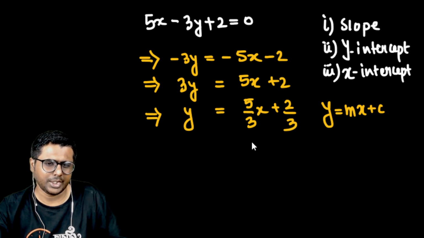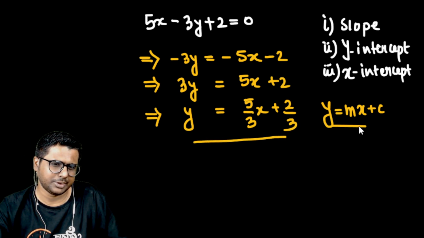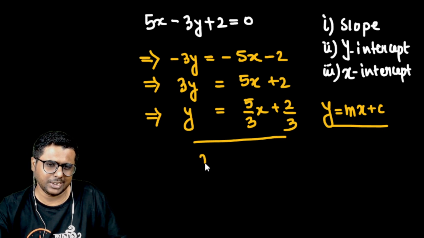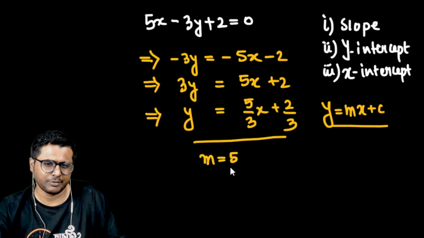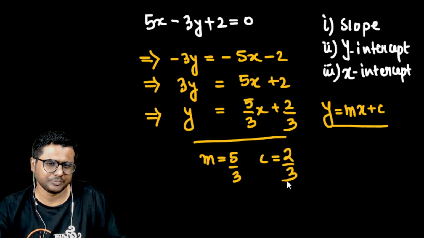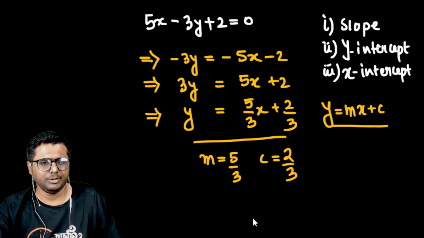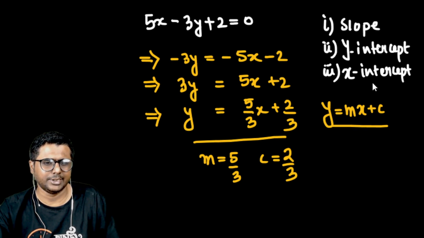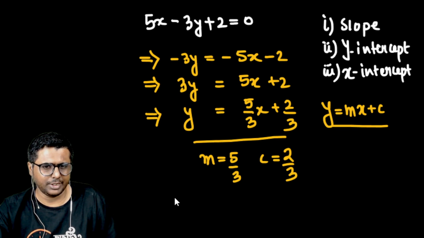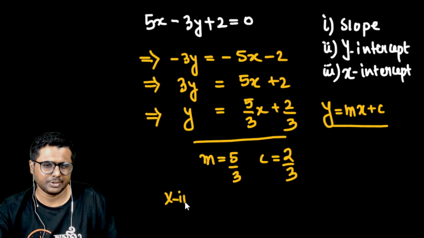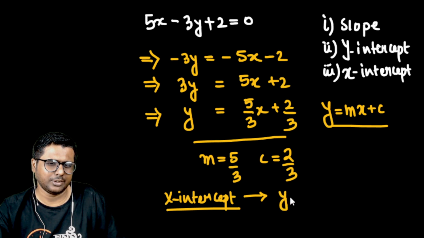Okay. Now I am going to compare this equation with y is equal to mx plus c, wherein I am easily getting slope is equal to 5 by 3 and y intercept, that is c, is equal to 2 by 3. This is my y intercept. Now it has also been asked to find out the x intercept. See how to find the x intercept. I have already said, in case of x intercept, just put y is equal to 0.